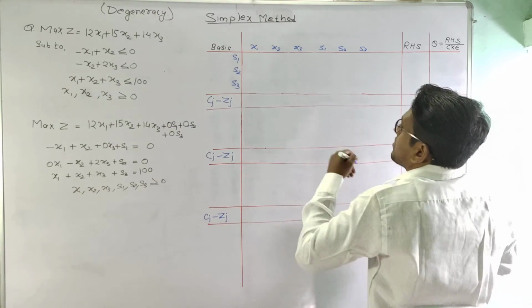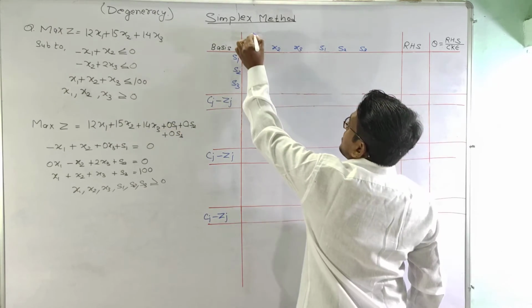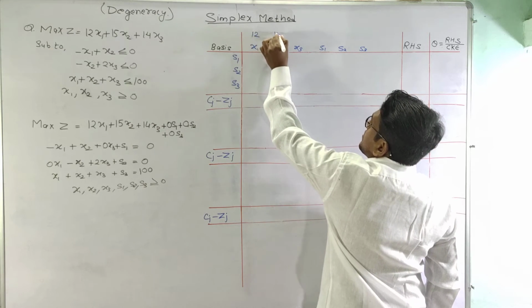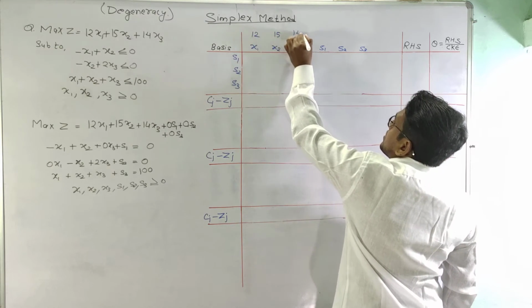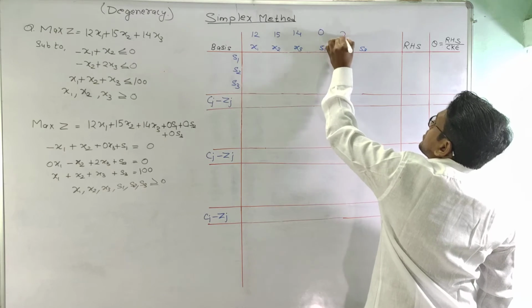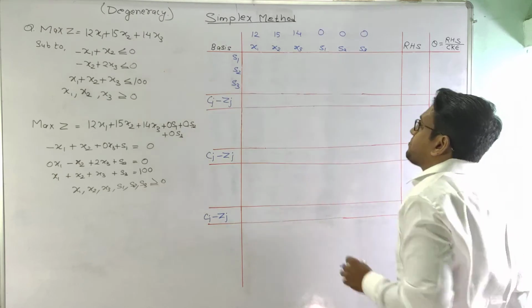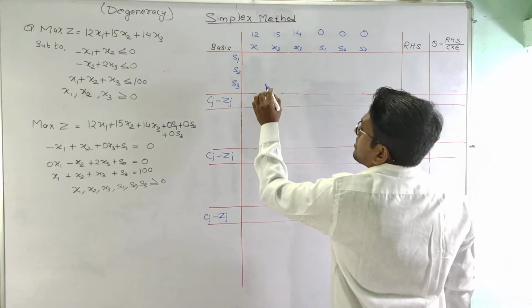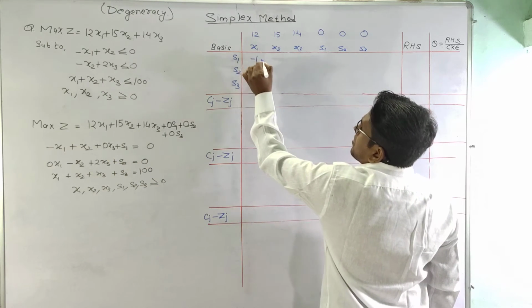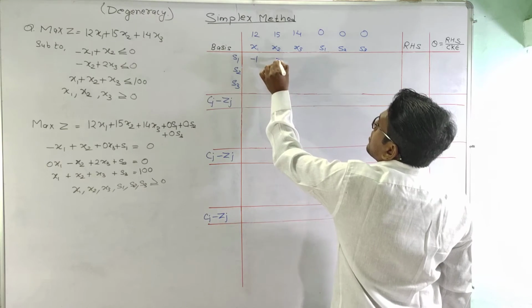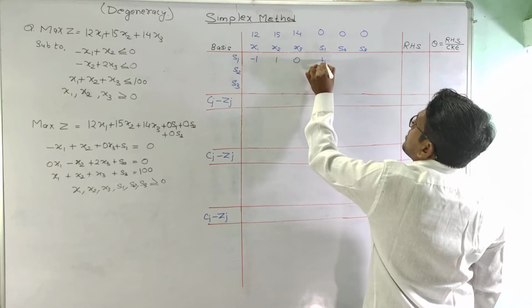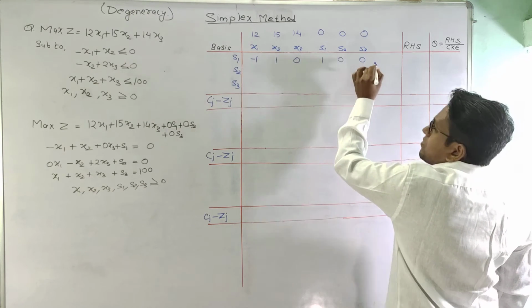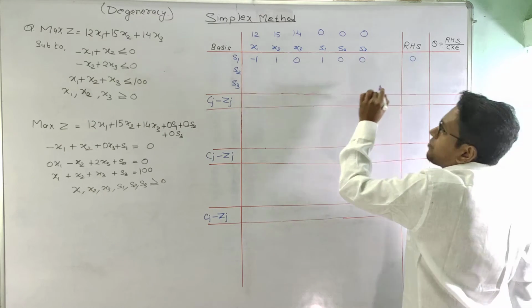These coefficients will be written here: 12, 15, 14, 0, 0, 0. Now we are writing the constraint equations: the first is minus 1, 1, 0, 1, 0, 0, equal to 0.